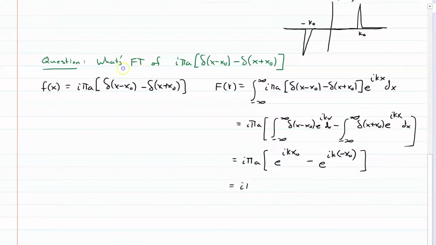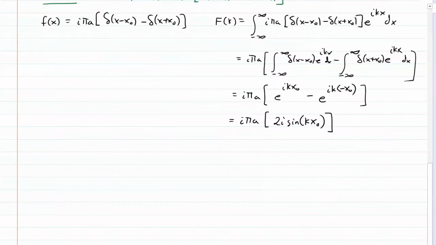And this is i pi a times 2i sine of k x0. And the i times the i gives me minus 1. And so I get minus 2 pi a sine k x0.